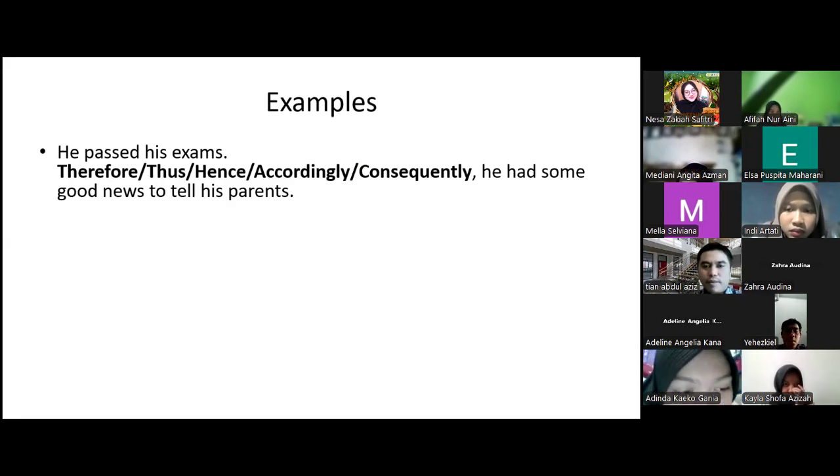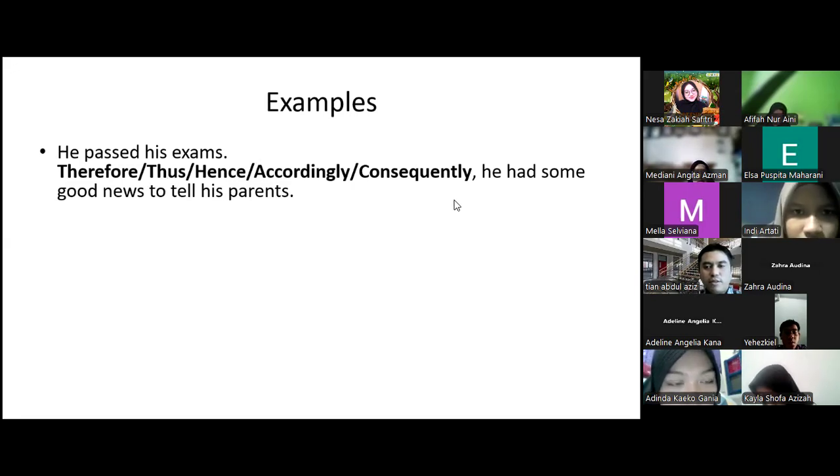Example: he passed his exam, therefore, or thus, or hence, or accordingly, or consequently, he had some good news to tell his parents. Okay, it's the result. The second sentence is the result from the first sentence. So we use therefore, thus, hence, accordingly, consequently.